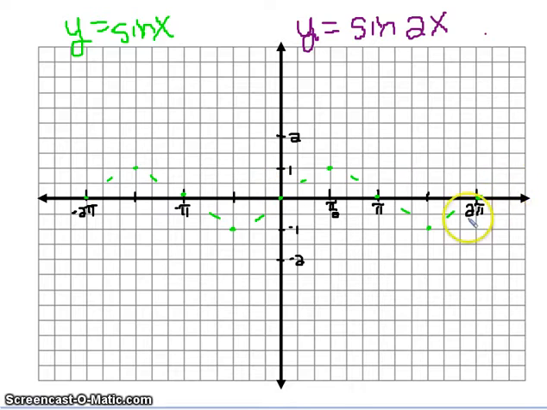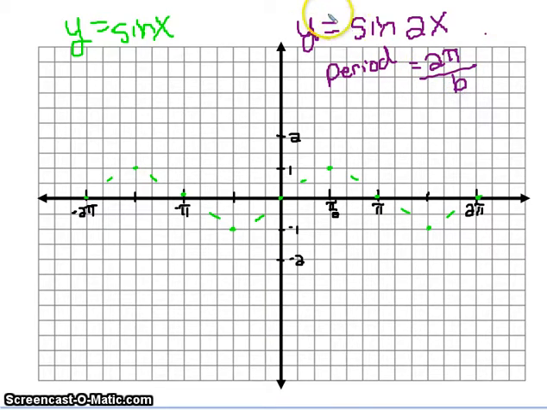Our normal period is 2 pi, and that's incredibly important to keep in mind when we are changing the period: what our normal relationship is. If we have y equals sine of 2x, that means my period is going to be 2 pi divided by b.